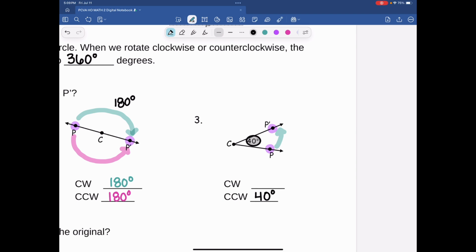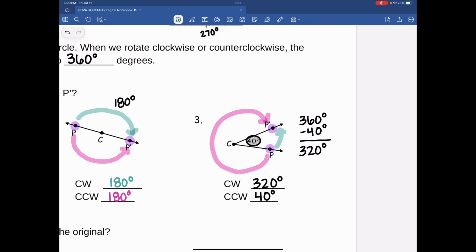But if we go clockwise, and remember clockwise is in the direction of a clock, we're going to rotate just like a clock would, and that's going to be 360 minus the 40 that we didn't have to rotate all the way around, and that's going to leave me at 320 degrees rotation clockwise.